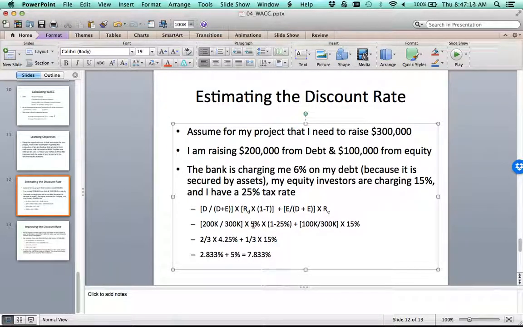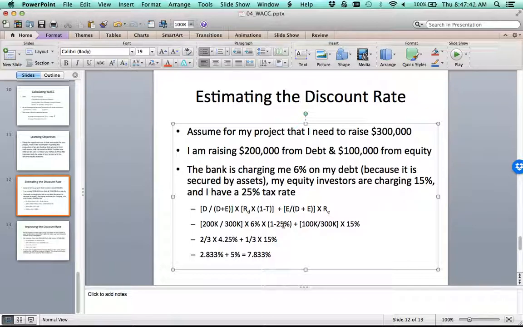So that becomes 6% times 1 minus 25%, and then we've got the equity over debt plus equity, so that's 1/3 times 15%. So it's 2/3, 6% times 75%. We should be taking off 1.5% here, so I guess we're doing this on the fly, and that's going to make it maybe easier for you to do it yourself.